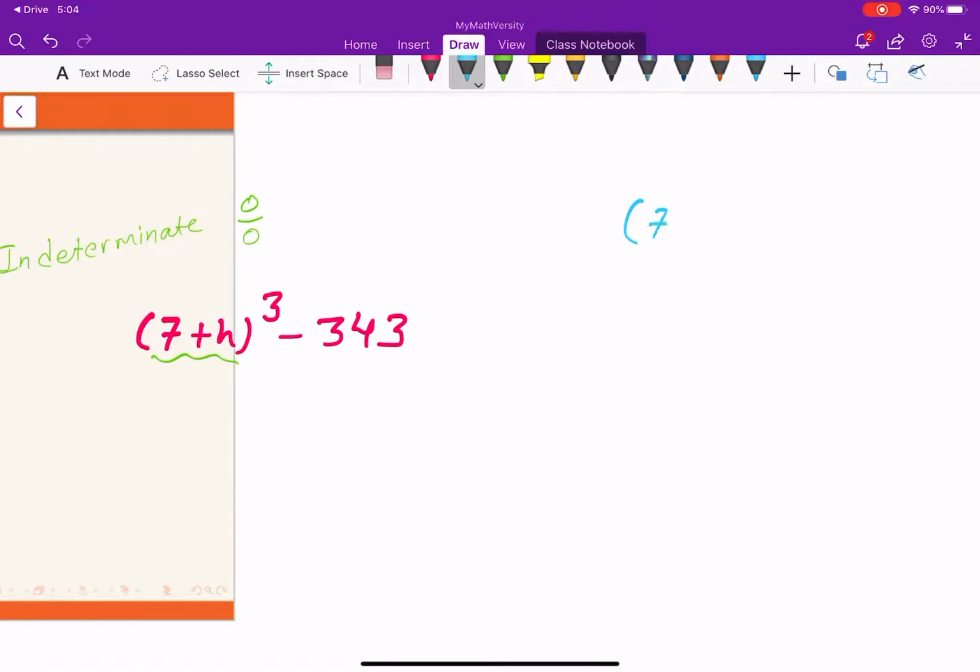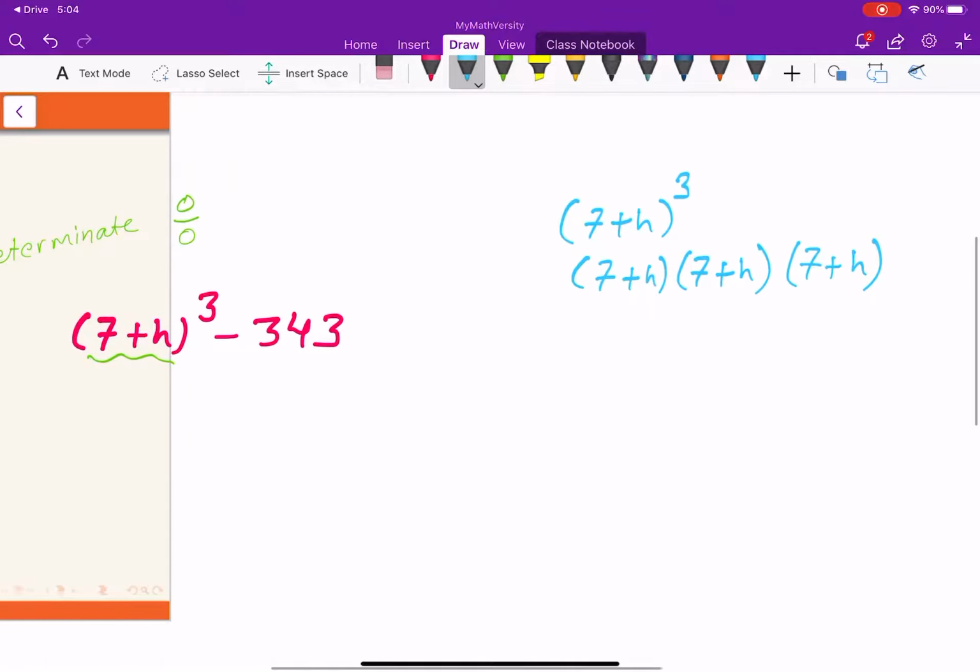So how can I expand that? Cube of 7 plus h means we multiply 7 plus h times 7 plus h times 7 plus h, right? If you multiply these expressions together, then we can get the expansion of cube of 7 plus h.